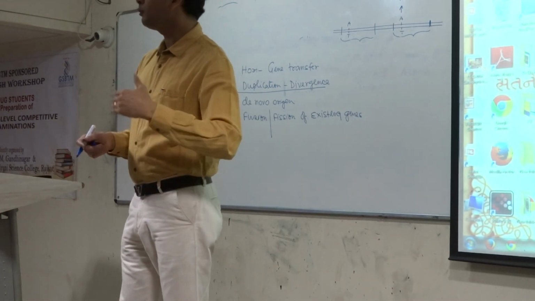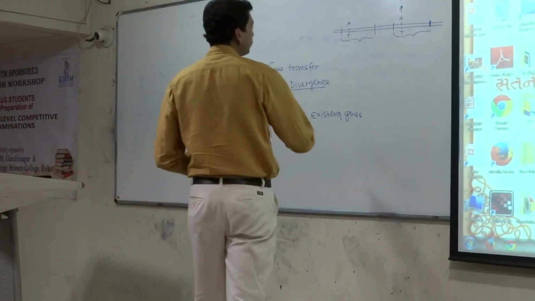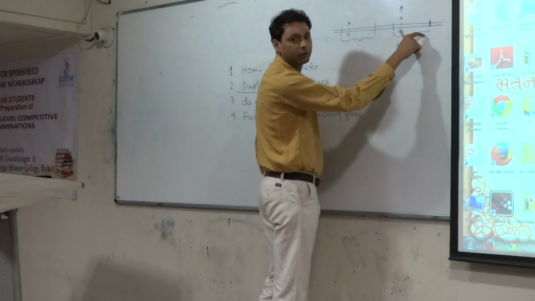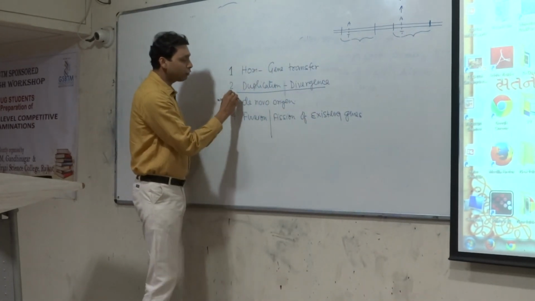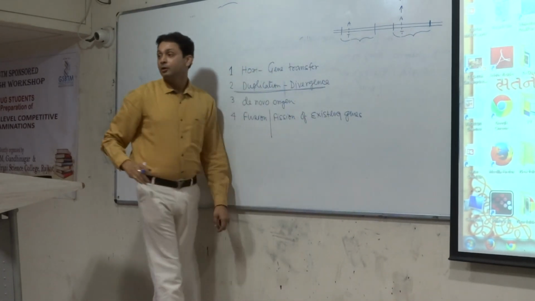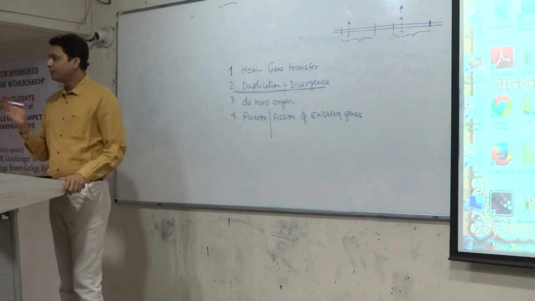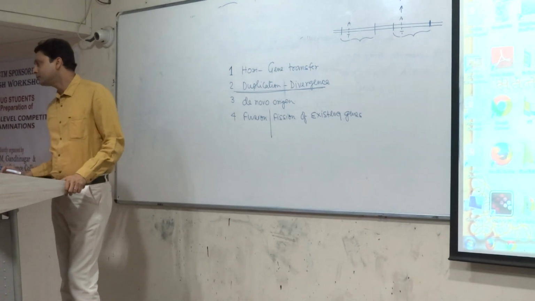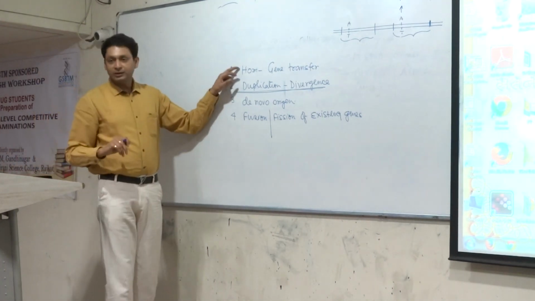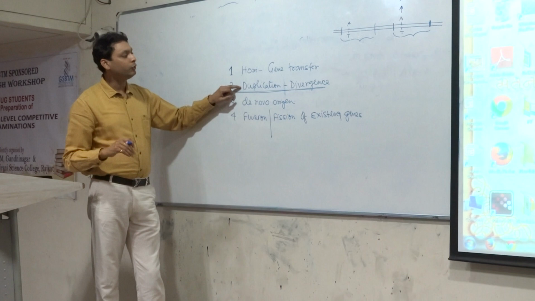It is the most common method by which cellular organisms in the course of evolution acquire new genes. One is horizontal gene transfer and the second is duplication and divergence.